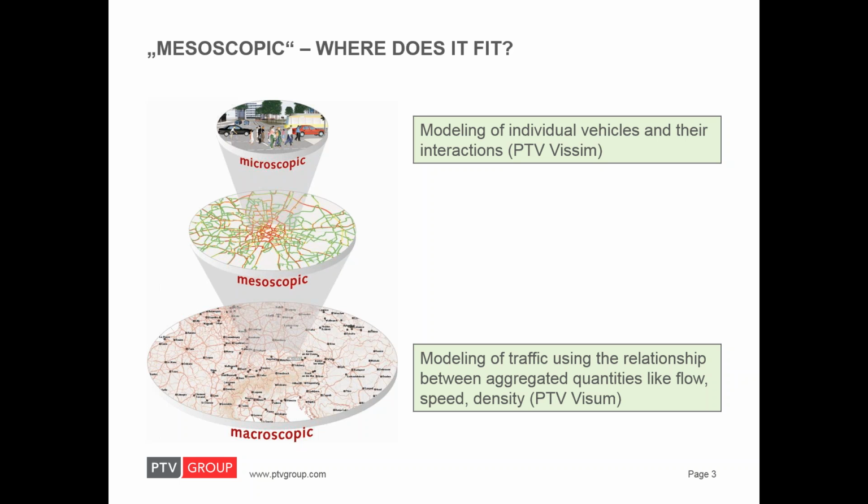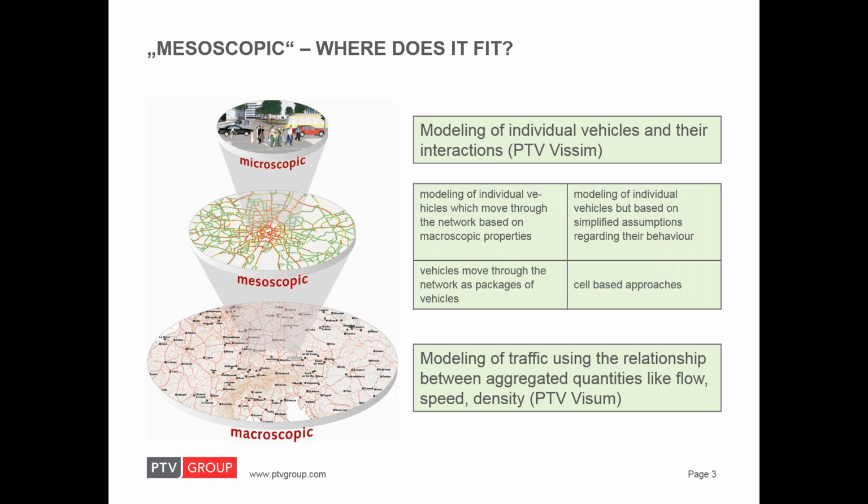The level in the middle is not clearly defined. There is still a wide range of possibilities of how to model traffic. Some of the approaches used are shown. For example, one can think of modeling individual vehicles, but they move through the network based on the calculation of aggregated values. Or vehicles move through the network as so-called packages of vehicles with similar characteristics. In another approach, there are simplified models of microscopic behavior, meaning vehicles are still moving based on car following models, but these models are much more simple.